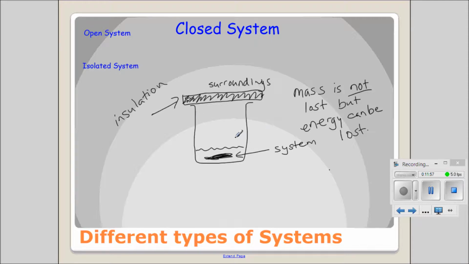But a certain amount of heat can escape around this insulation. So it's not a perfect system. It's better than an open system because it is preventing mass from being lost. But energy can still be transferred back and forth. If energy wanted to go in, it could as well. So it's not a great system here.